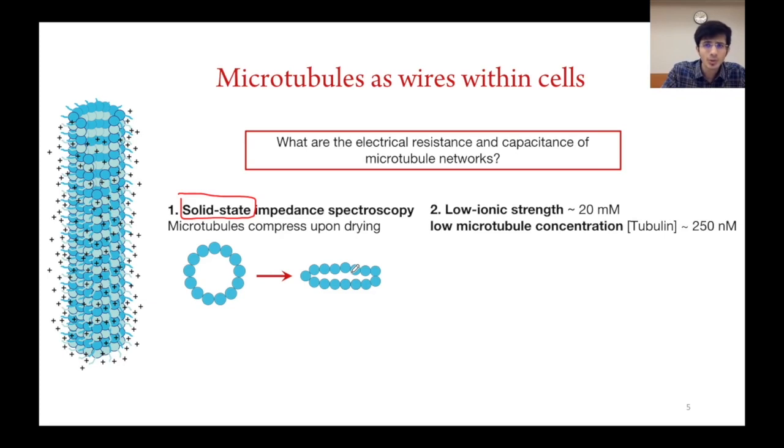The other thing you can do is put microtubules in the buffer and measure the electrical properties of the ions in a very low ionic strength, low microtubule concentration environment, and then try and glean how the microtubules change the electrical properties of the entire solution. But the ionic strength in our bodies is not really low, and neither is the microtubule concentration.